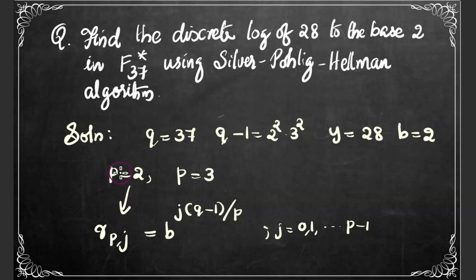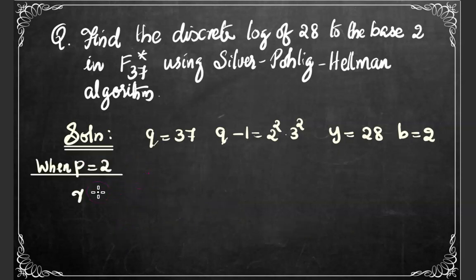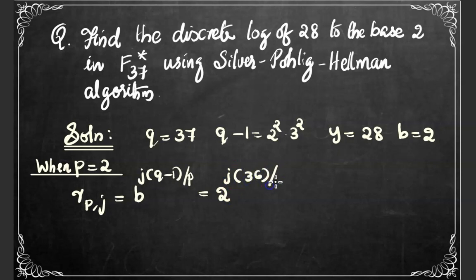So let us consider the prime 2 first. When p is equal to 2, r_pj, the pth root of unity, is b raised to j into q minus 1 by p, and that is equal to 2 raised to j into 36 divided by p. Here p is 2, so this is 2 raised to 18j.